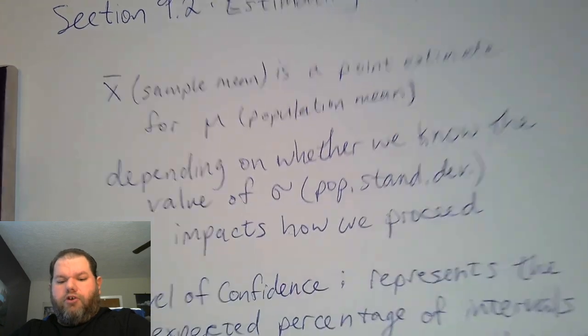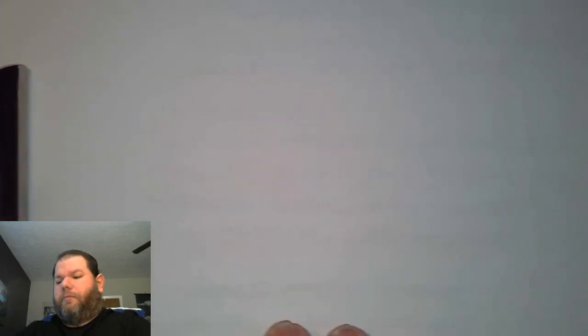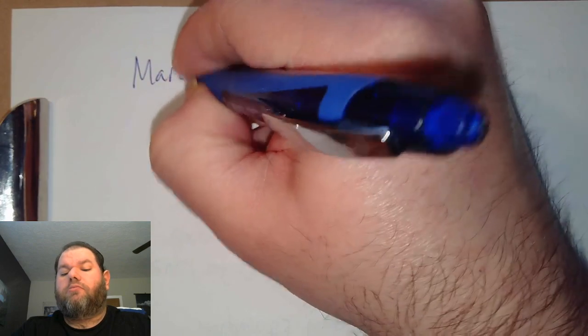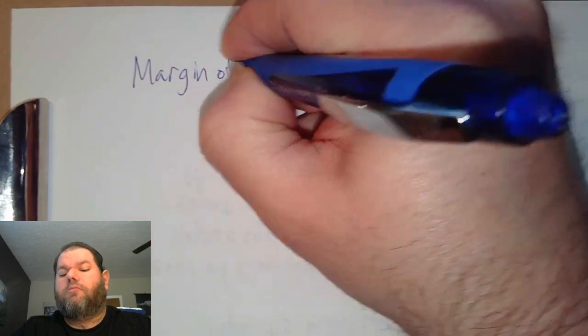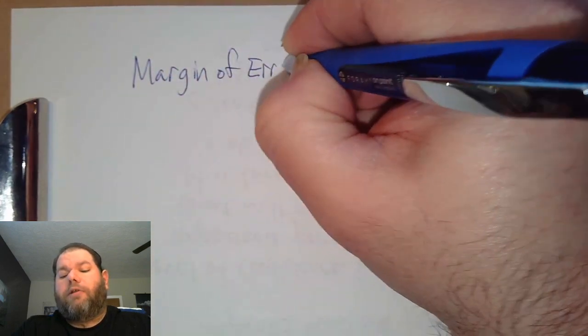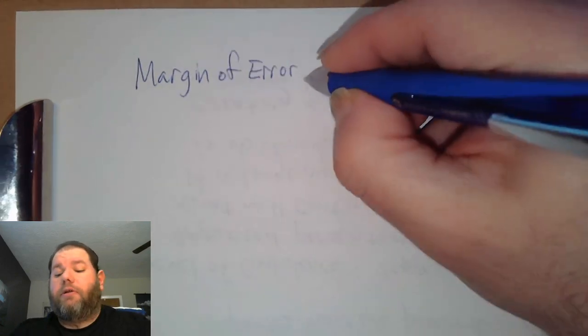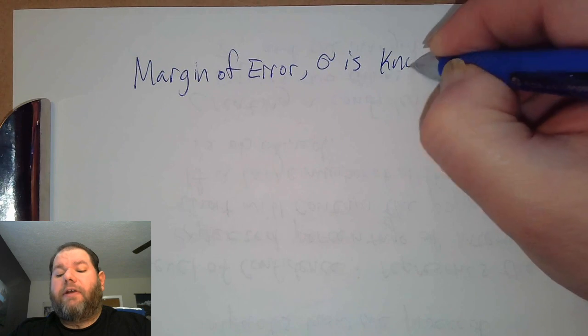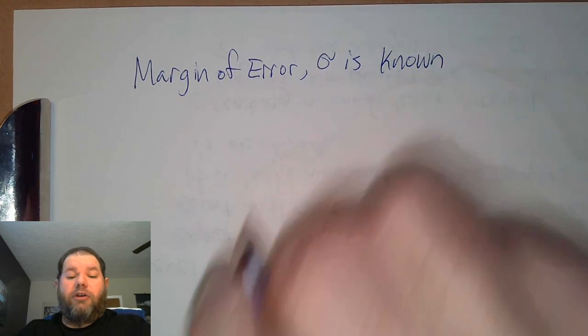So let's look at this margin of error. And we're going to have to look at it in two cases. One where sigma is known, and a second where sigma is unknown.